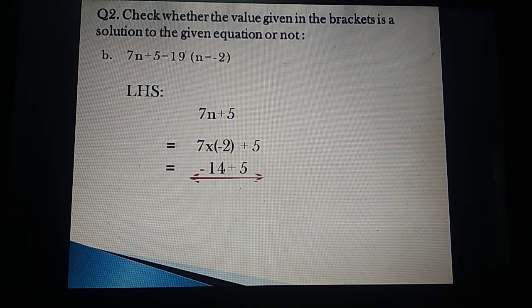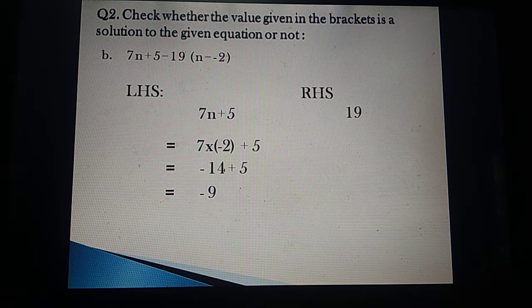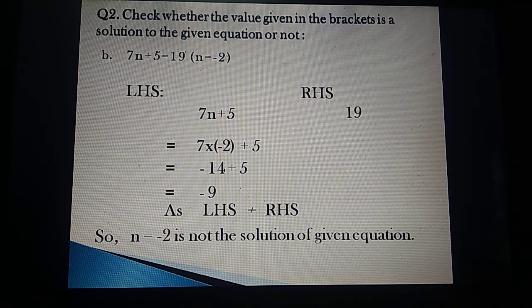One is negative, one is positive, different sign, subtract. The answer will have the sign of the greater value, that is, the answer will be minus 9. But RHS is 19. Again, LHS is not equal to RHS. So n equals to minus 2 is not the solution of the given equation.